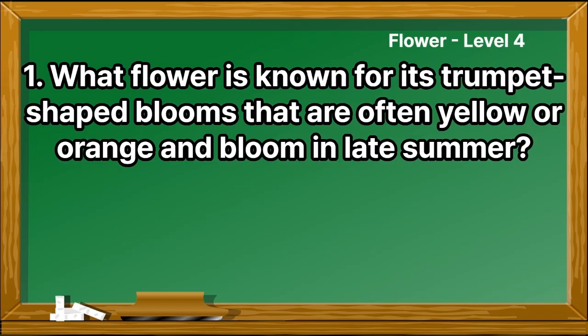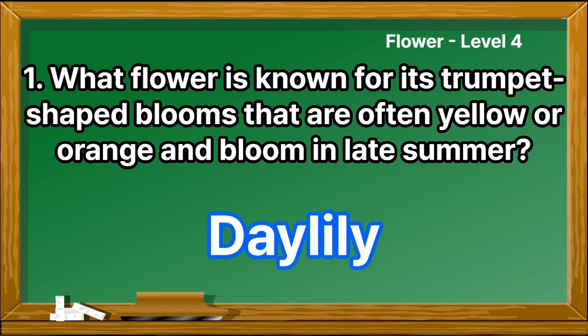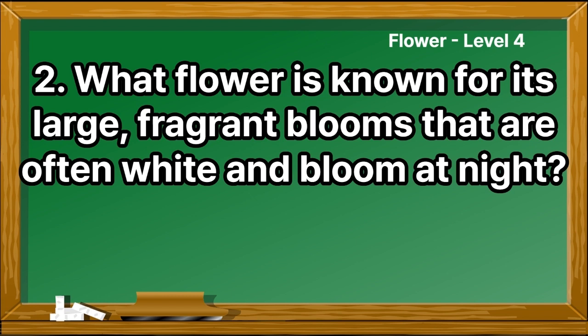What flower is known for its trumpet-shaped blooms that are often yellow or orange and bloom in late summer? Daylily. What flower is known for its large, fragrant blooms that are often white and bloom at night?